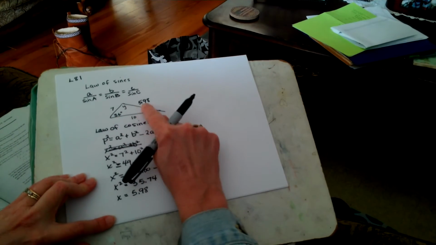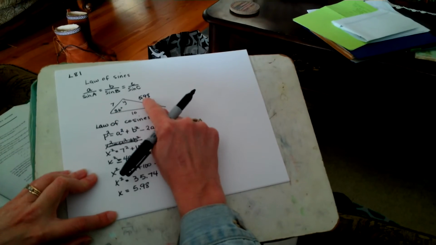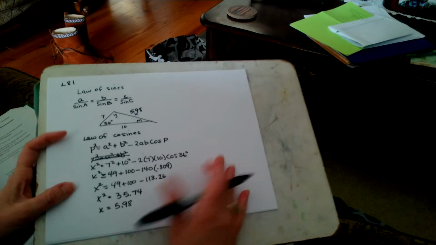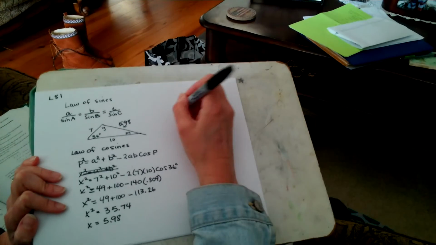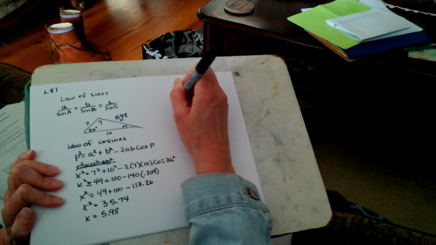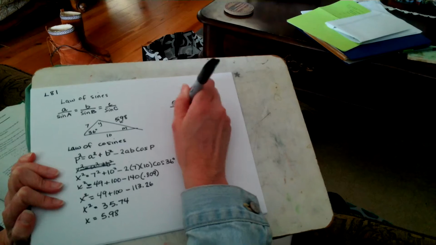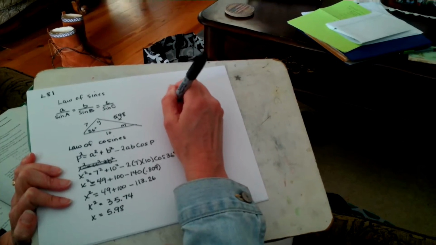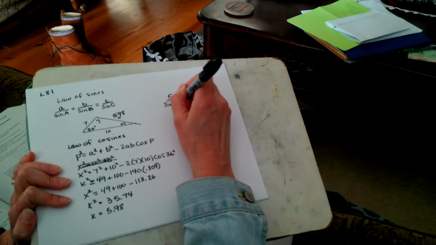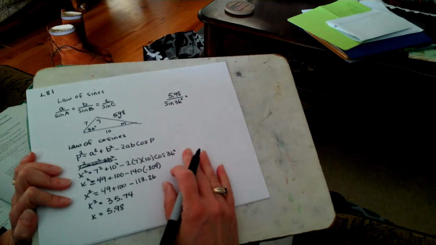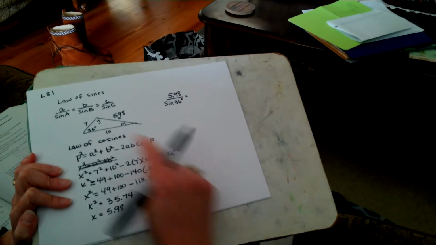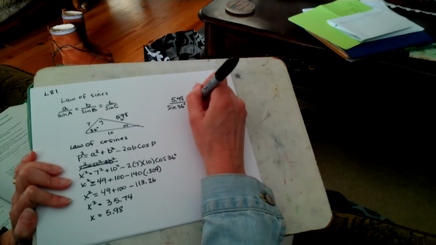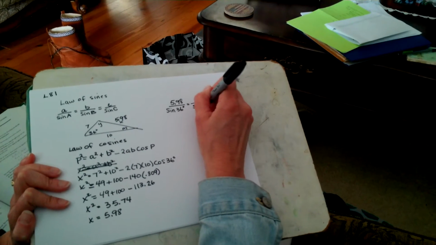I now have a pair. I have a side and an angle opposite, so I can get my law of sines ratio. So that means 5.98 over the sine of 36 has to equal 7 over the sine of m.